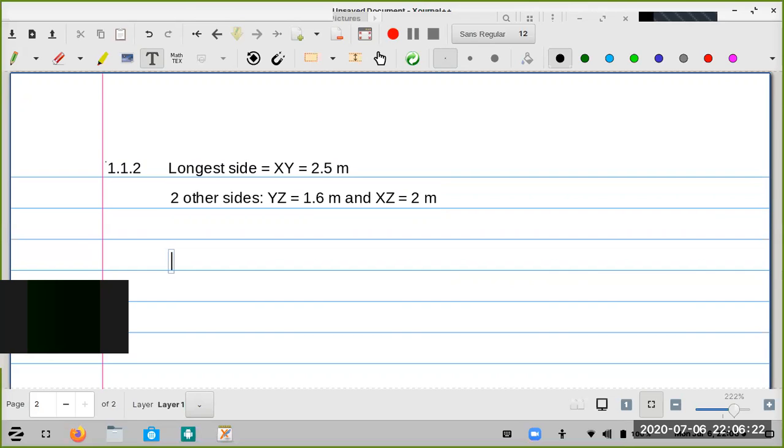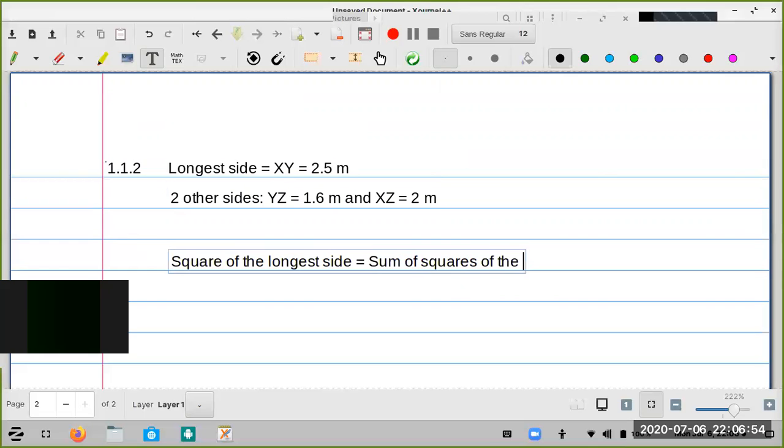So it's the square of the longest side is equal to the sum of squares of the perpendicular sides.